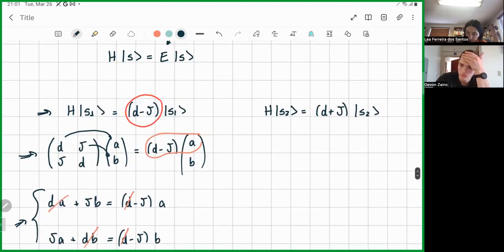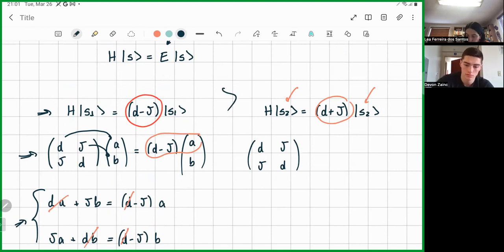This other one here, the D plus J. So we also have to find now this other eigenstate. And the procedure is still the same. So this part is not hard. Now we have to write the Hamiltonian again. We don't know yet what the vector is.